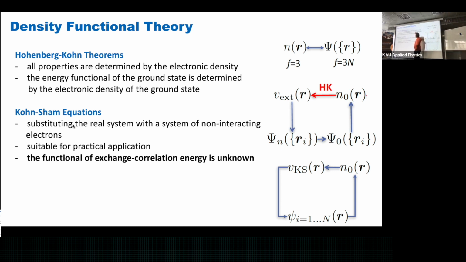The Hohenberg-Kohn theorems simply state two statements. All properties are determined by electronic density, and the energy functional of the ground state is determined by the electronic density of the ground state.